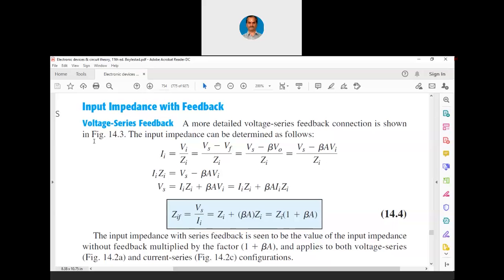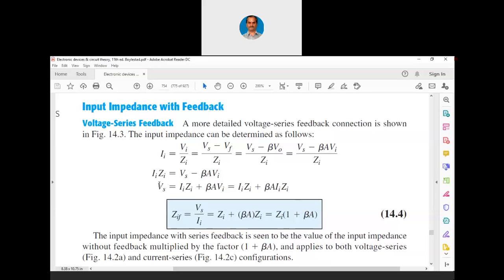Now let us cross multiply. Ii into Zi is Vs minus beta into A into Vi, as you can see here. Now what is Vs? Let us rearrange. Vs equals Ii Zi plus beta into A into Vi. Or it is Ii into Zi plus beta into A into, what is Vi again? Ii into Zi. You can see this equation now.